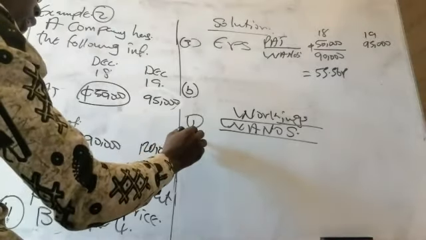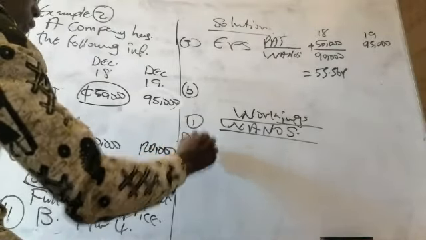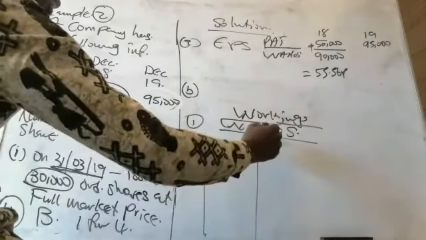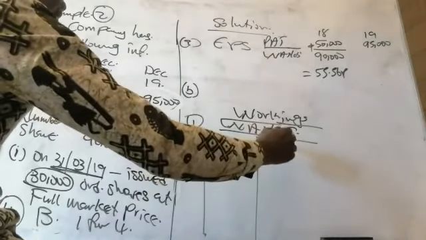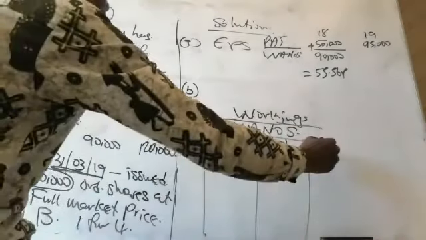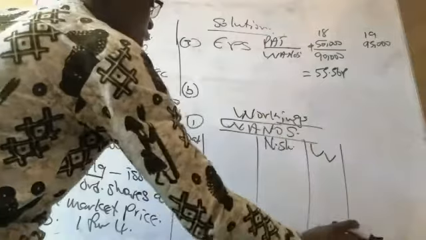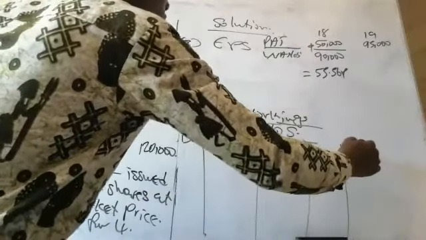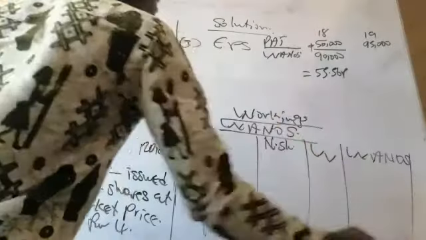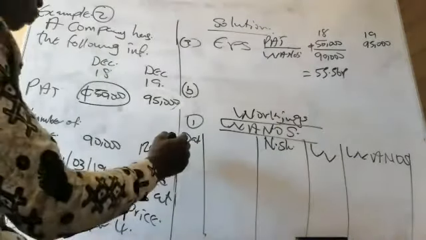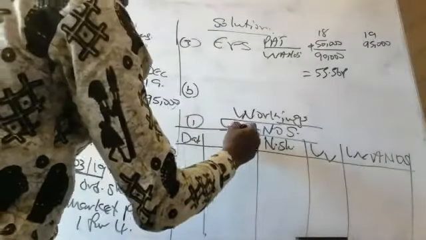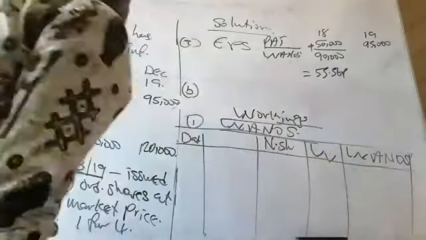We need the date, the detail, the number of shares, the weight, and the weighted average number of shares. So that is it. Okay. Keep it short, simple, straightforward.